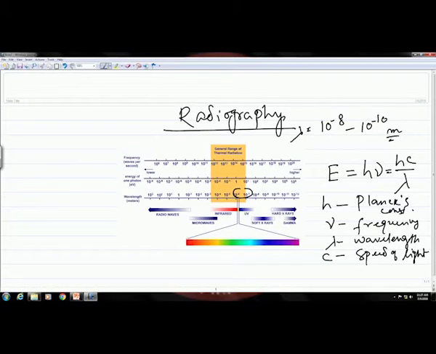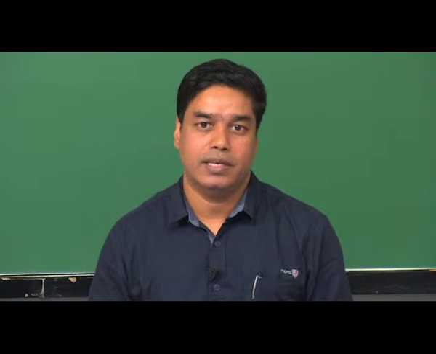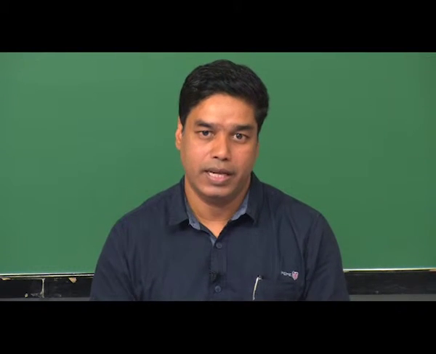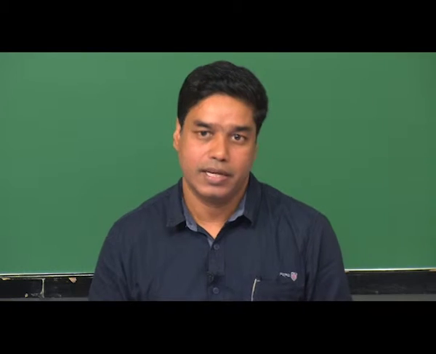So, this tells you that the X-ray radiation is much more powerful compared to the visible light, and that is why X-rays can penetrate through materials, okay, because the energy level in X-ray radiation is much higher compared to what you have in any other electromagnetic radiation.